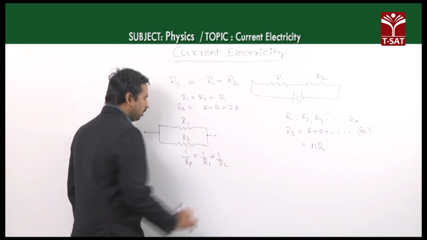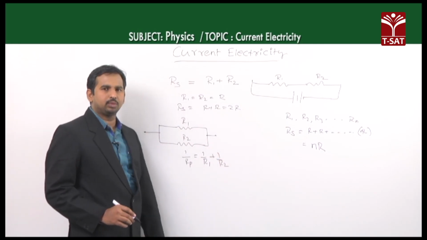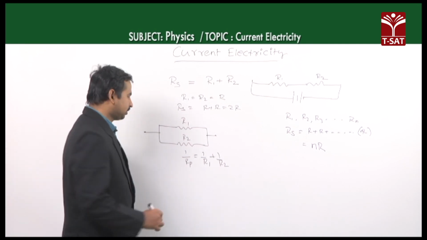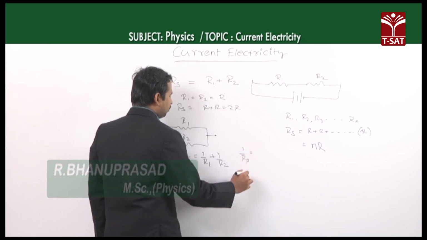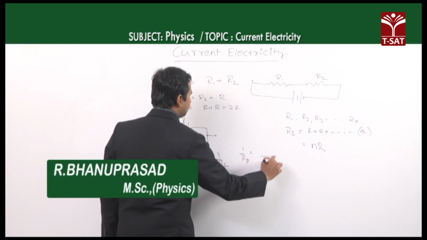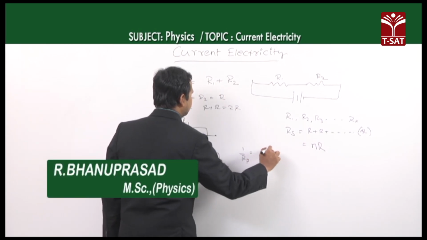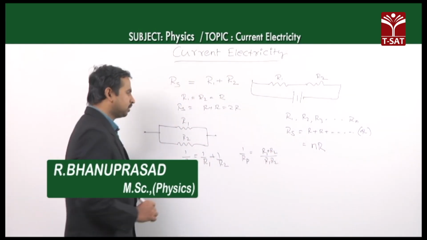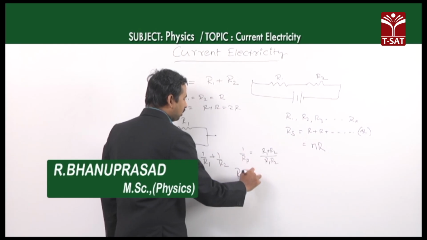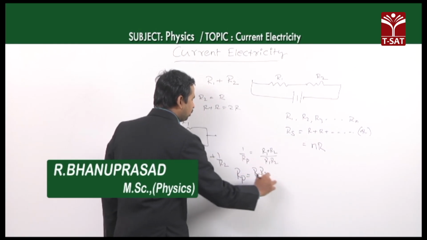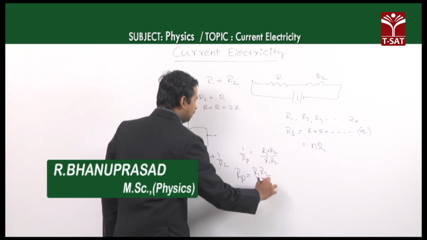Taking the LCM, 1 by Rp is equal to R1 plus R2 in the numerator over R1 R2. Then the resistance when connected in parallel becomes Rp is equal to R1 R2 by R1 plus R2.